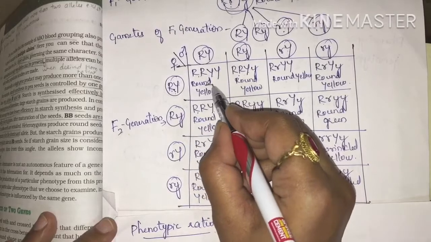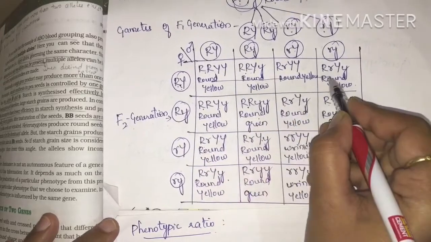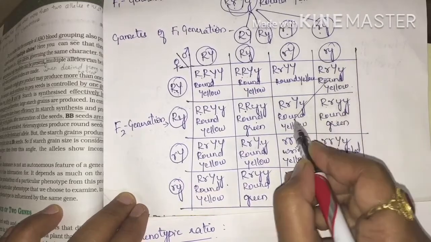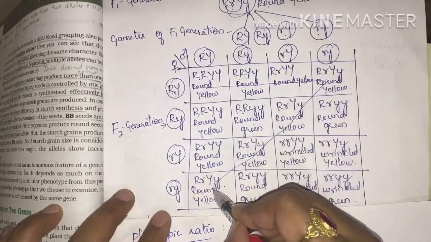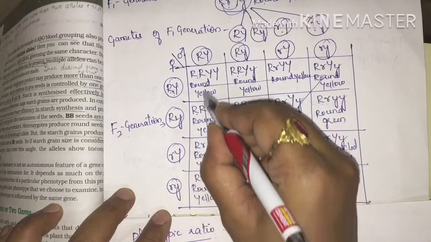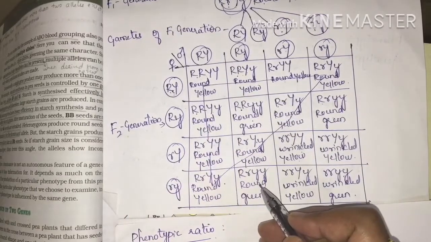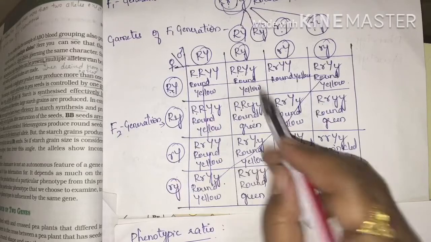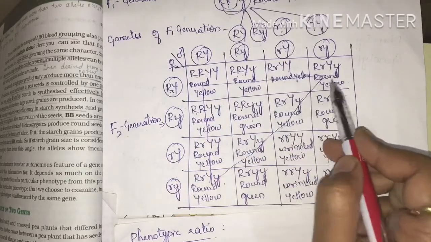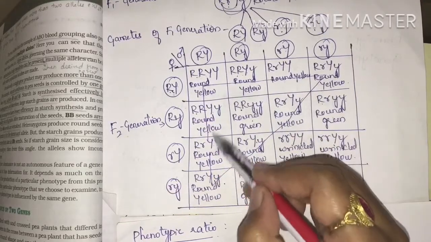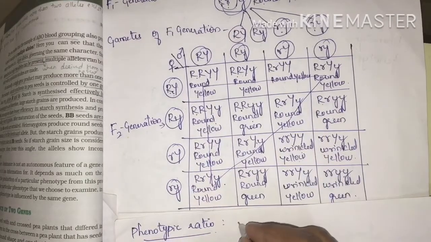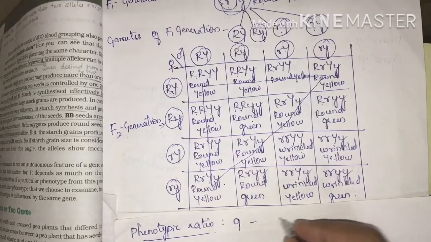Round yellow, 1, 2, 3, 4. Okay, then comes 5, 6, 7, 8, 9, 10. Okay, so if you count, sorry, it should be 9. 1, 2, 3, 4, 5, 6, 7, 8, 9. So total 9 round yellow we have got. 9 of those what?